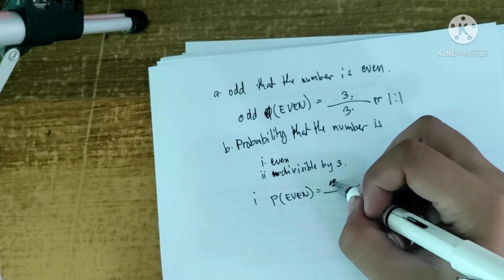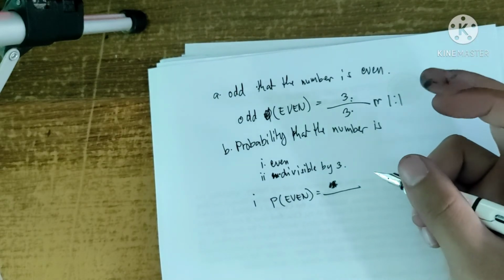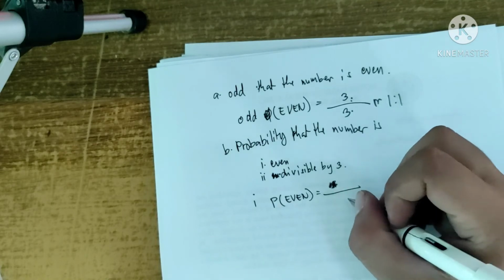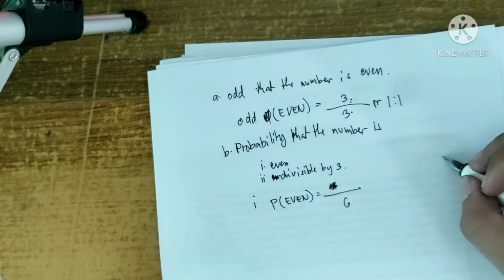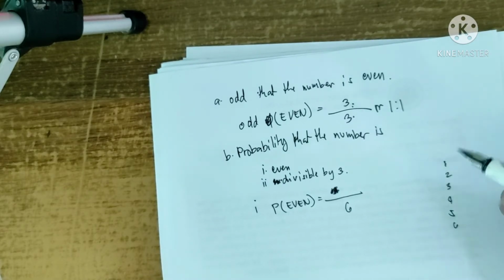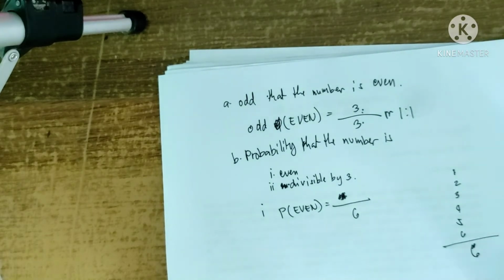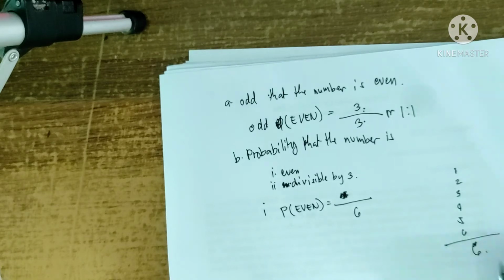How many possible outcomes are there in rolling a die? That is 6, right? So, there's a possibility of getting 1, 2, 3, 4, 5, and 6. So, in total, all in all, we have 6 possible outcomes.